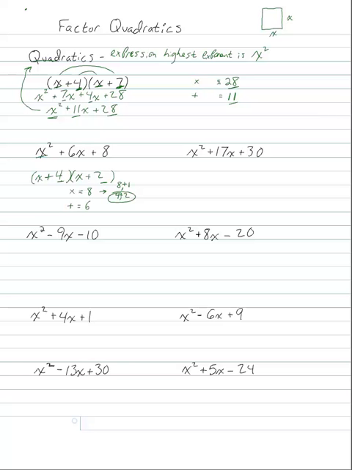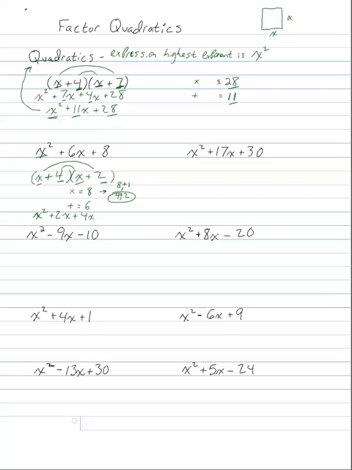Of course, I want to check this, make sure I'm right. So I'm going to check it by FOILing it out. First, x times x gives me x squared. Outer, plus 2x. Inner, plus 4x.